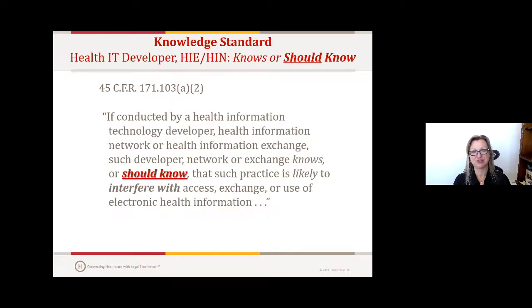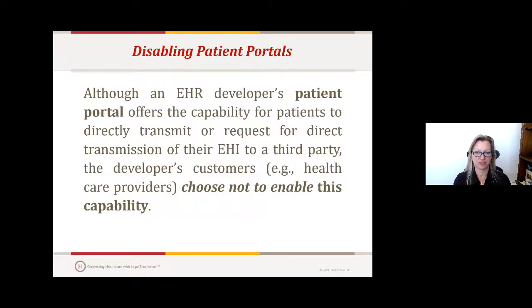You can rely on your vendor, which is on the same hook, and so they have an equivalent incentive not to have those sorts of configurations in place. They also have that additional burden of making sure their configurations are not set in an impermissible way, because the knowledge standard for them is knows or should know. So that's different between the two types of actors.